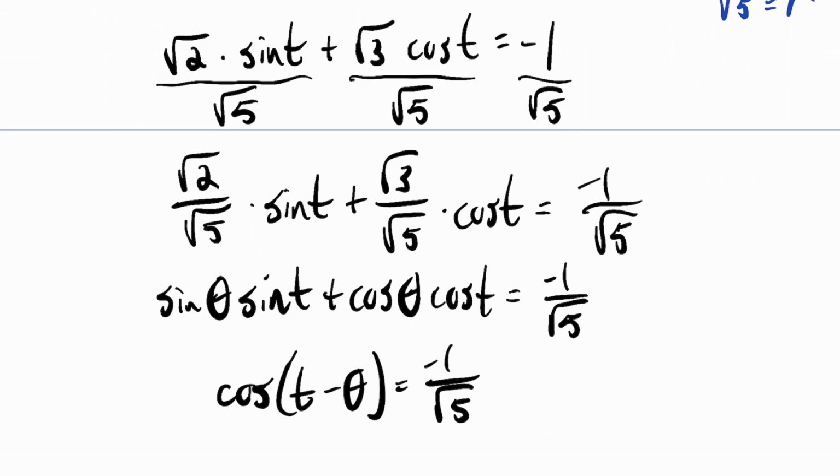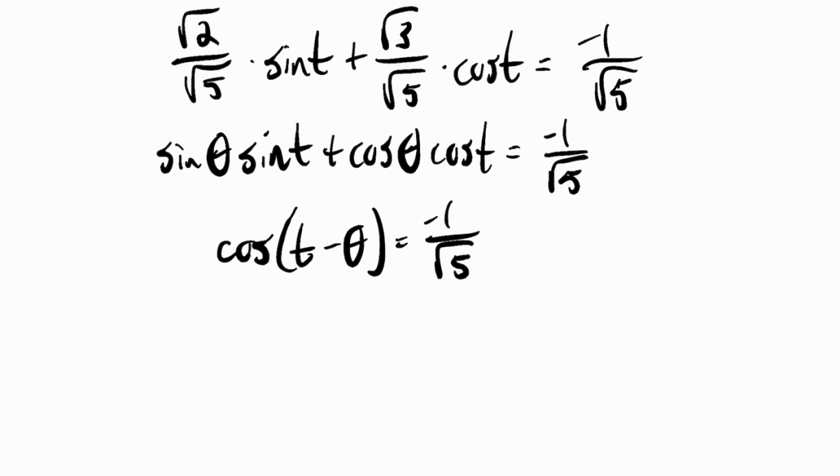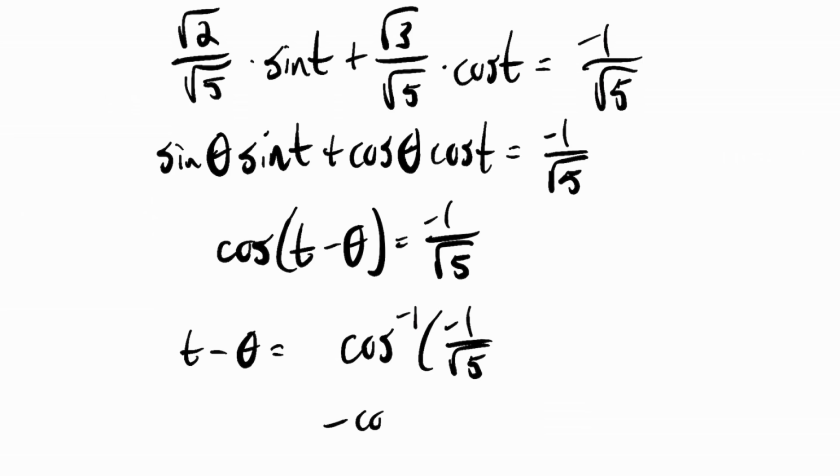So we're solving on the interval 0 to 10, which we'll get to in a second. But I can say, oh, well, then this means that t minus theta is cosine inverse of -1 over root 5, or, if you use the symmetries of the cosine function, negative cosine inverse of -1 over root 5.